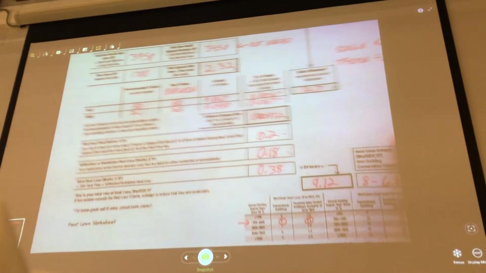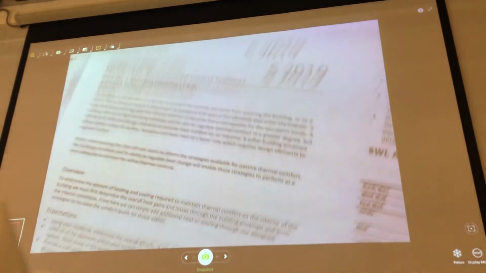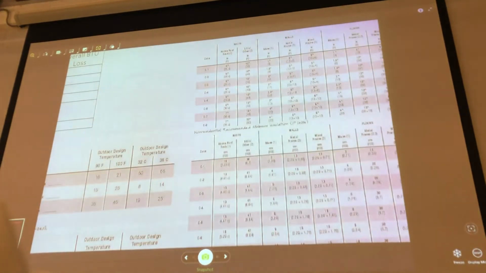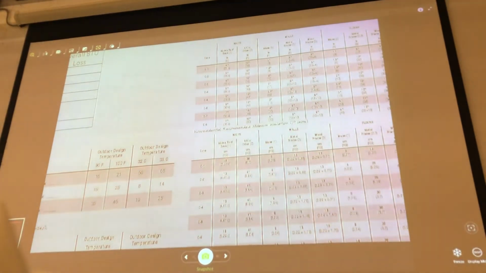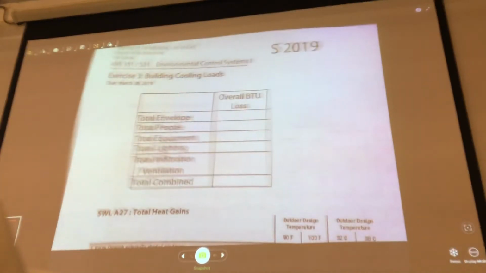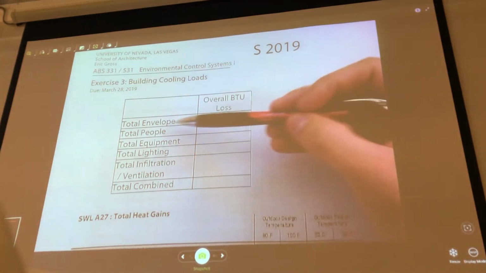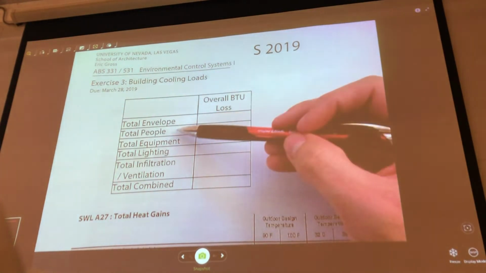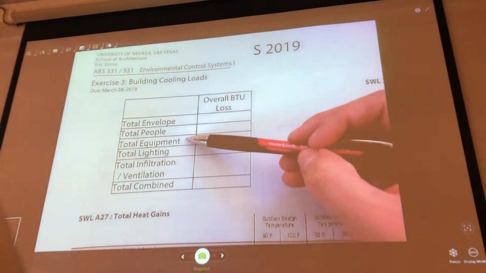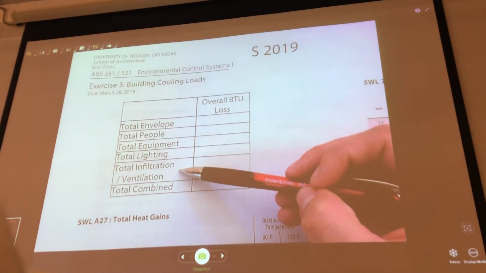Now we need to figure out how much we're actually going to get through our cooling loads, or how much we're going to have in overall heat gains. So heat losses is part of our heating load. Heat gains are part of our cooling load. And our cooling load is just a combination of everything for our envelope, the amount of heat gains we get from our people, from our equipment, from lighting, and from infiltration or ventilation.